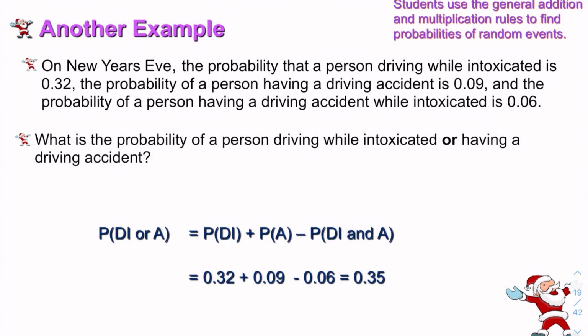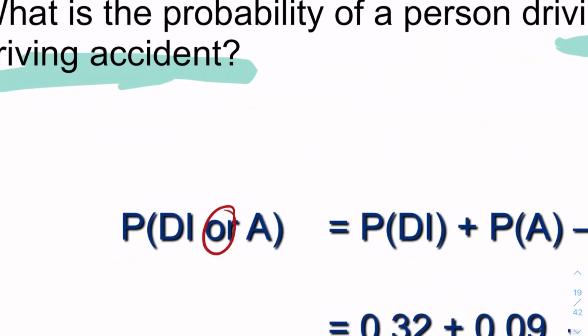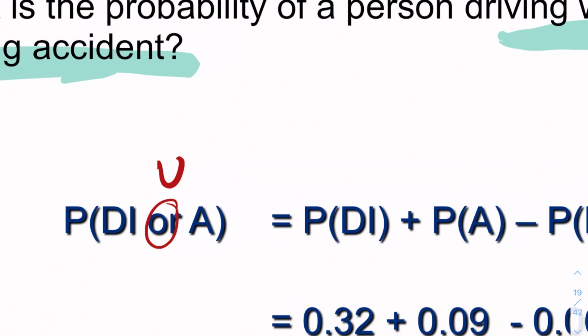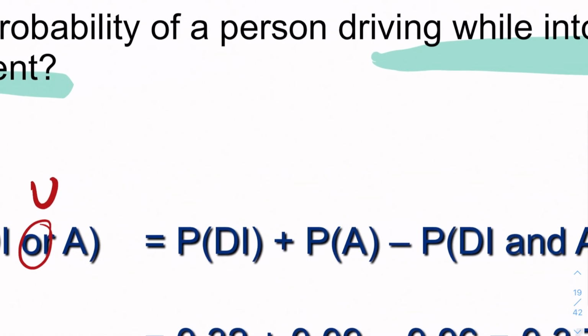What is the probability a person is driving while intoxicated or having a driving accident? So we want this OR statement, or union. So we think, okay, probability of driving while intoxicated plus the probability of being in an accident minus the overlap.